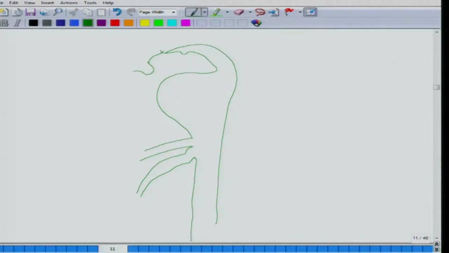So, these are the chemoreceptors and baroreceptors of the carotid arteries.